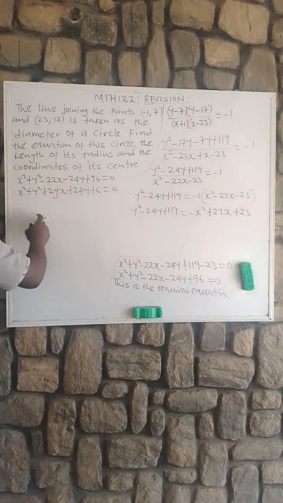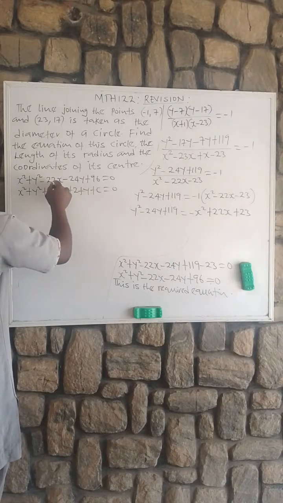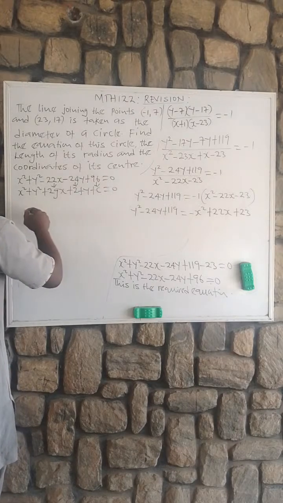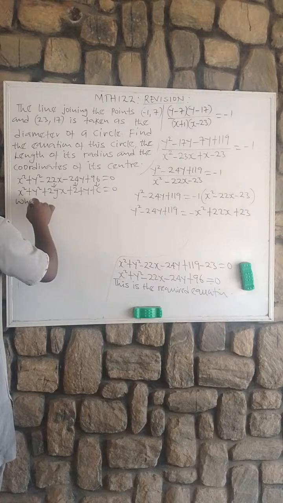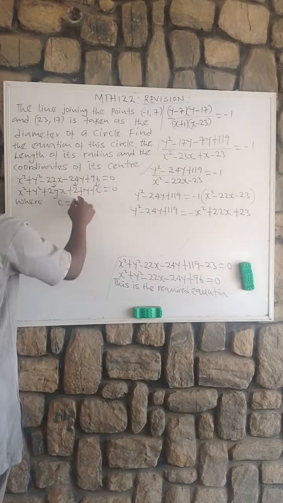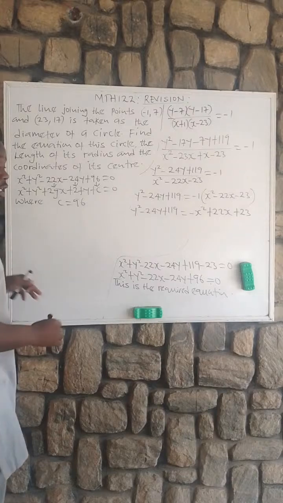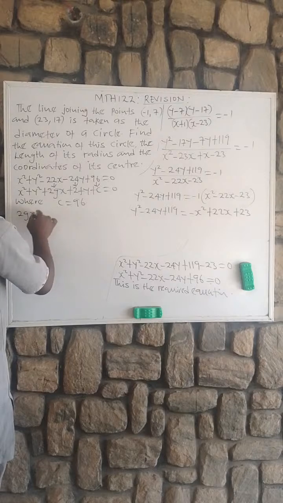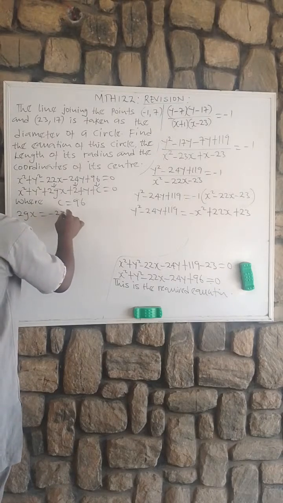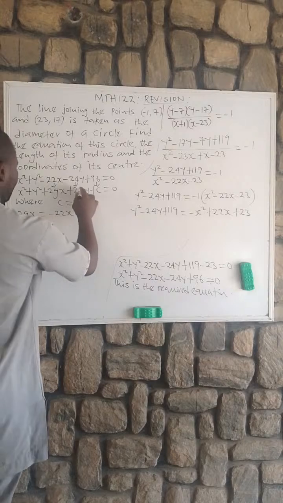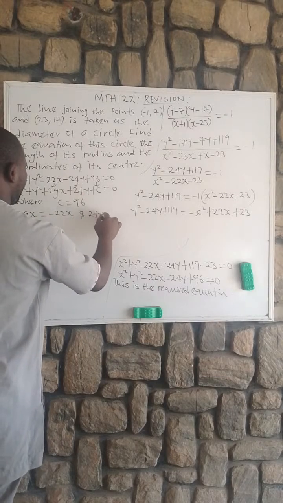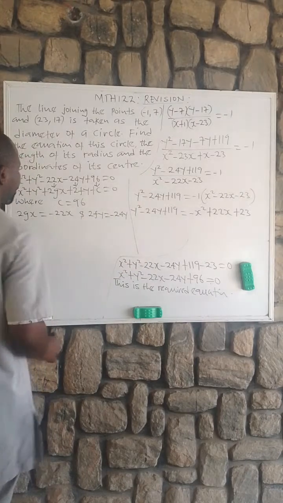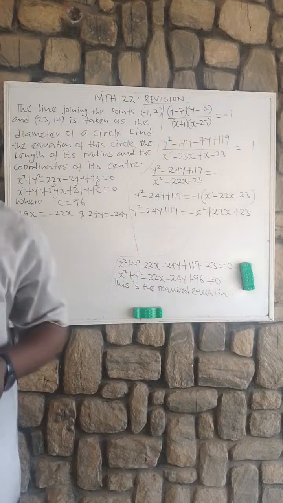So when you compare, this is this, this is this, this is this. So this implies that c is equals to 96, then our 2gx is equals to minus 22x, and 2fy is equals to minus 24y. Is that clear? True or false? It's true, right?